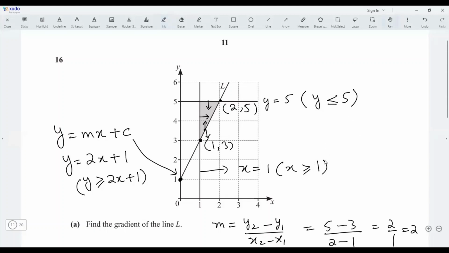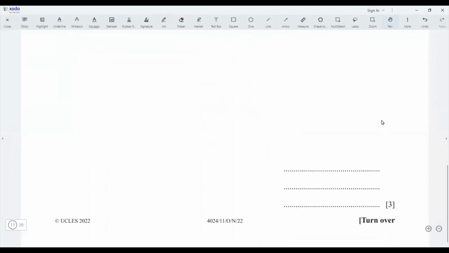If you have written down all of these inequalities correctly, you will get 3 marks. Working is not necessarily required for this question if it is having 3 marks. So you have to write down all of the answers correctly here. So y is smaller than equals to 5, x is greater than equals to 1, and what about the last one?